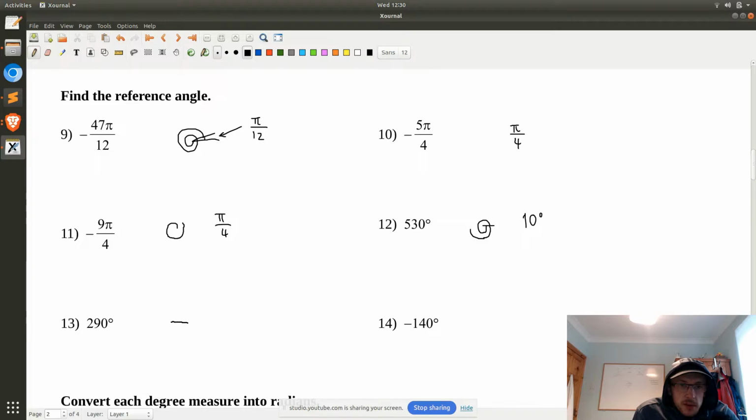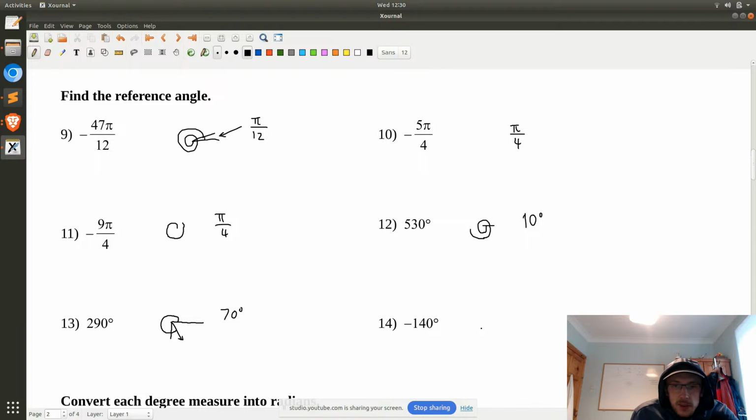290, so we do the horizontal ray. And we turn now, so it's more than that, so there, like that. That's a good depiction. And how much is missing? 70 degrees.